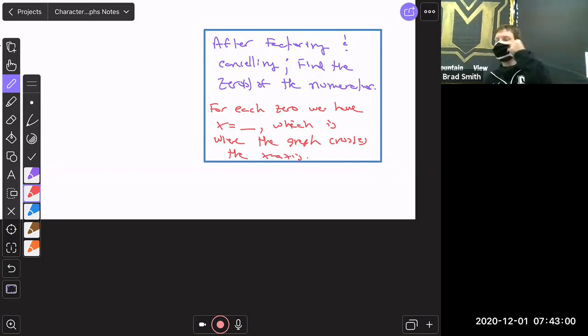Which is where the graph crosses the x-axis. So what I had skipped, the numerator is going to be your zeros, the denominator is going to be your vertical asymptotes. So it's done the same way. After factoring and canceling, we're going to find the zeros of the numerator.